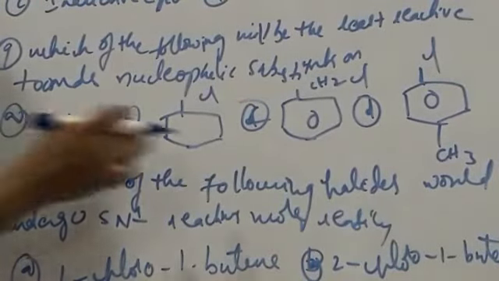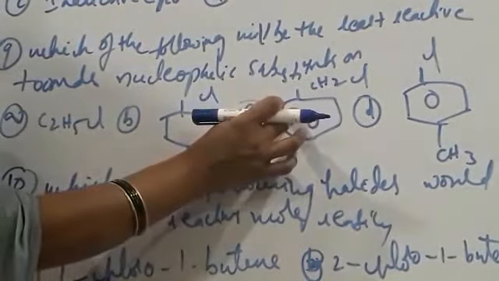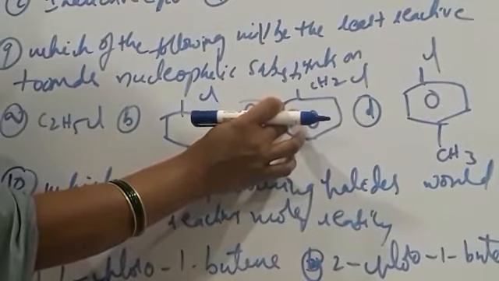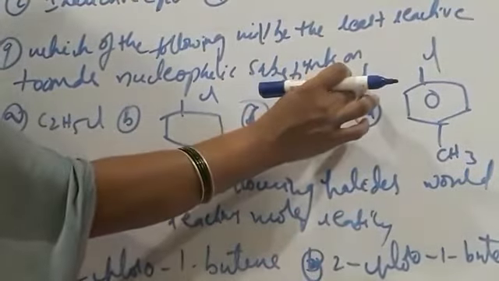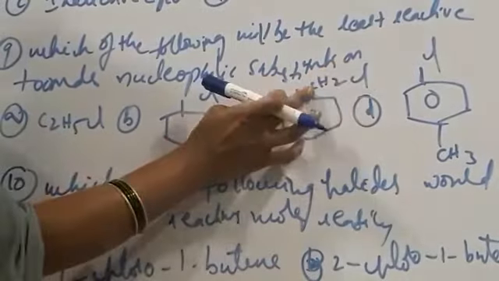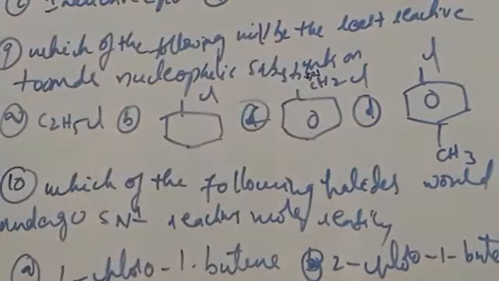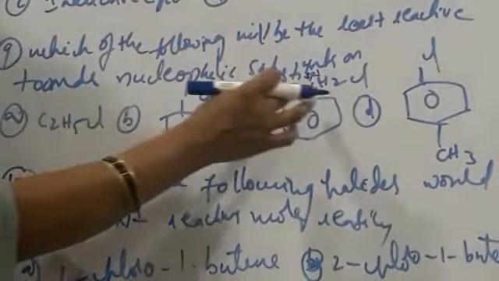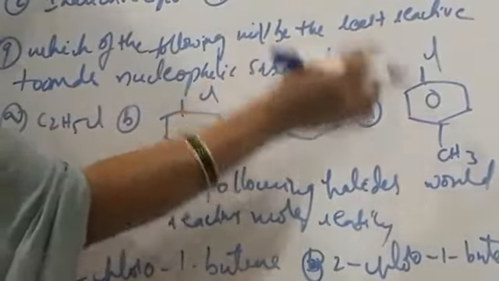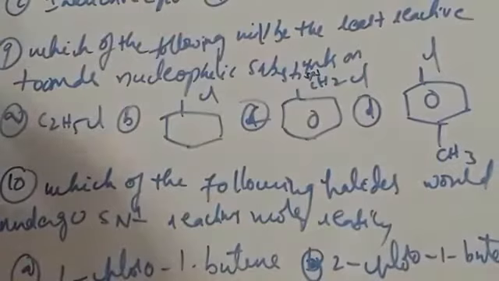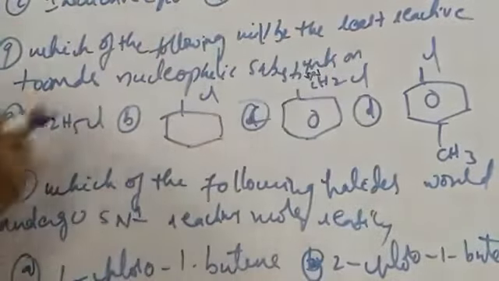Okay. And here this is benzyl chloride. So the chlorine halogen is linked with sp3 hybrid carbon only. It is linked to the side substitution of the benzene ring, not directly to the benzene ring.